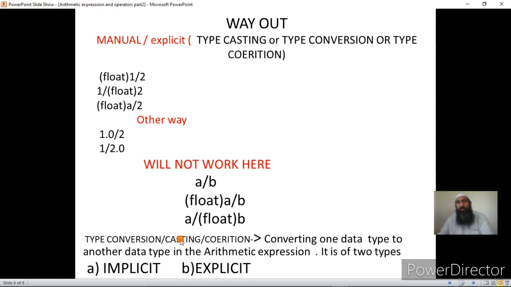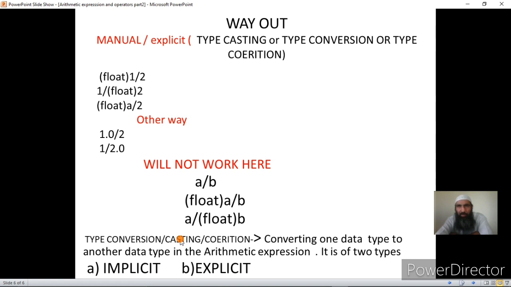Now typecasting or type coercion is of two types. Typecasting actually means converting from one type to another. The compiler has an inbuilt mechanism for type conversion. The mechanism is that it will always convert the lower type to the higher type. This is the rule for the C compiler.